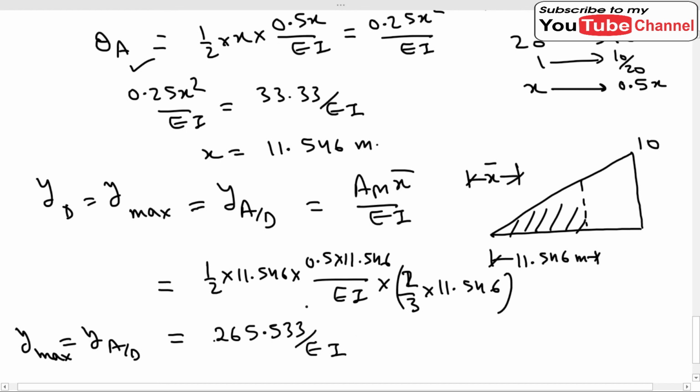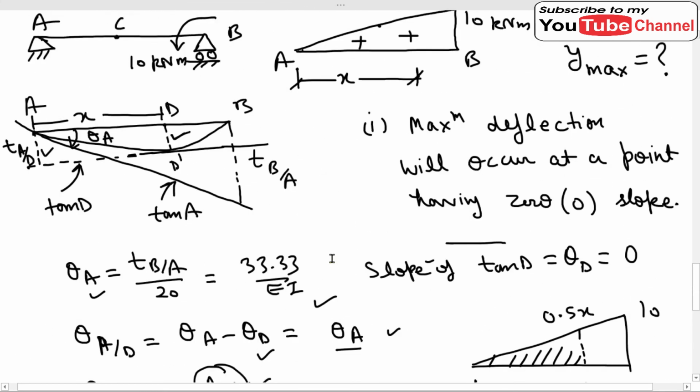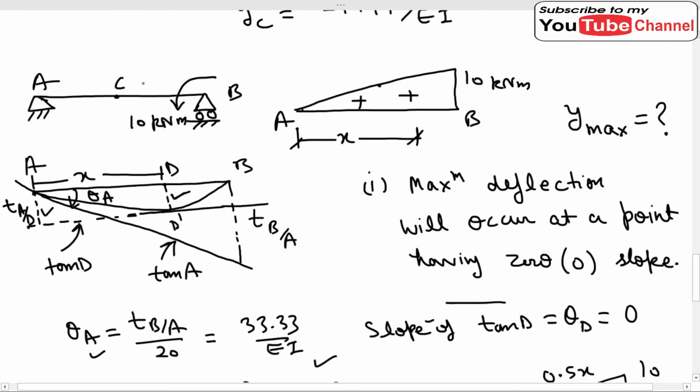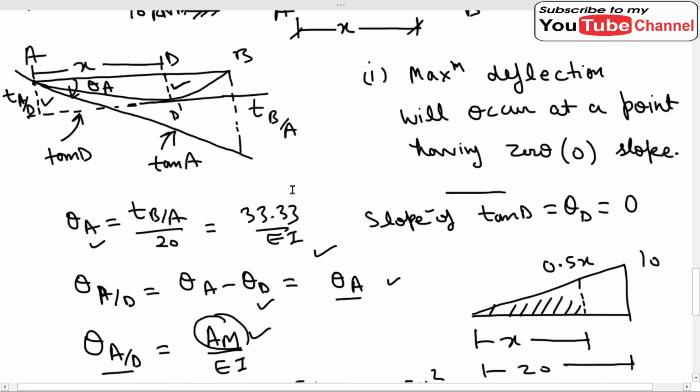Now let us understand this again. First of all we found the point where the deflection will be maximum. The deflection will be maximum at a point where the tangent is horizontal, or the value of slope at that point will be 0. For finding that point, we know that theta A is equal to t B over A by 20, as we have found earlier. The other method to find theta A is theta A over D is equal to theta A minus theta D, and we know that theta D is equal to 0.